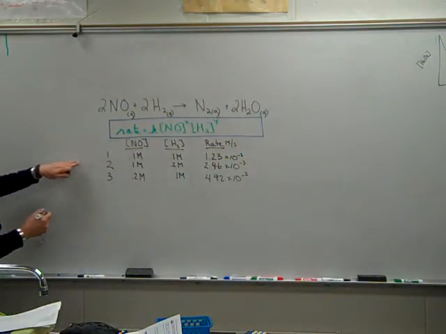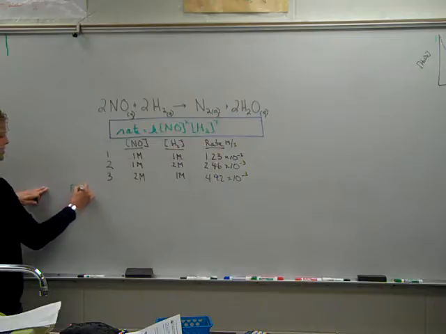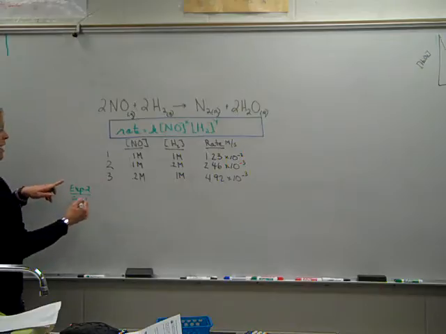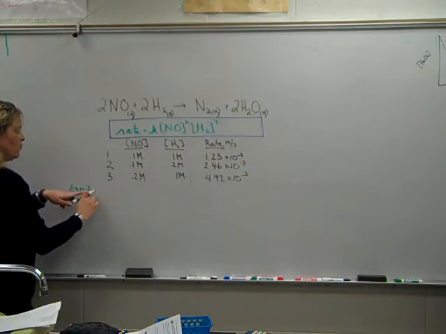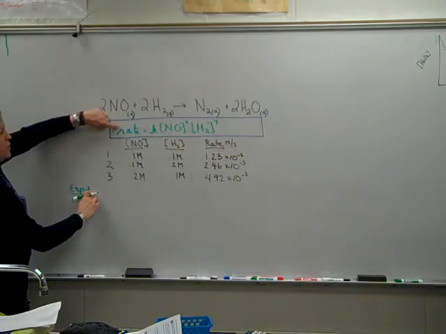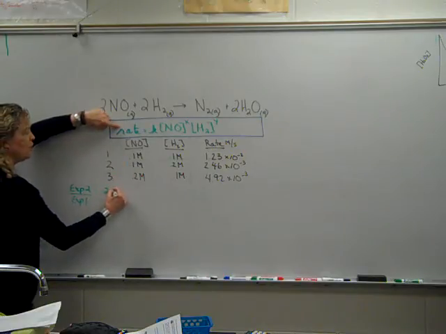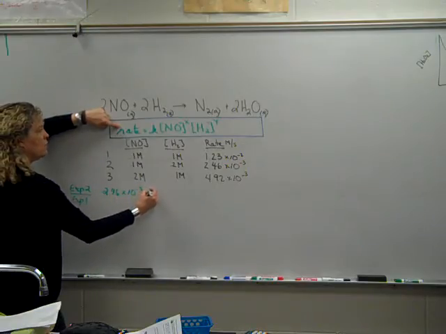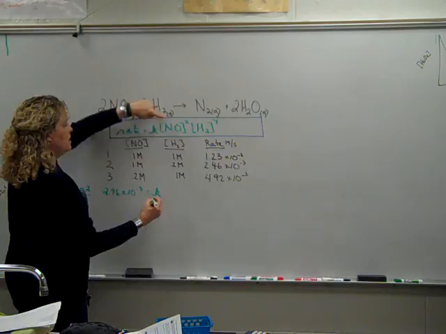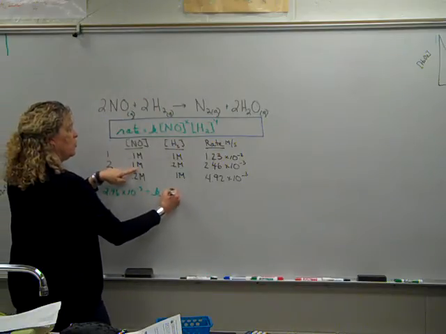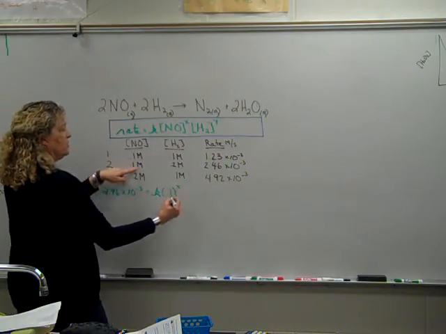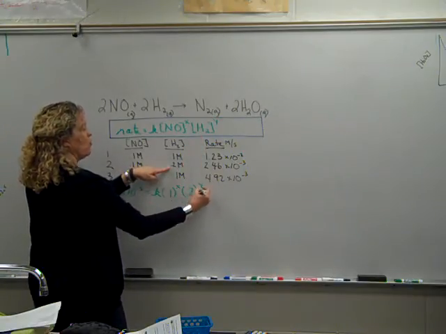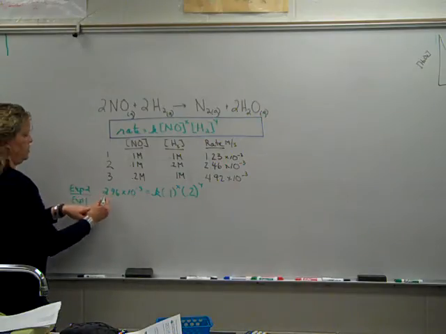I'm going to compare experiment 2 to experiment 1. So I'm going to write a rate law. The rate for experiment 2 is 2.46 times 10 to the negative 3, equals k times NO, 0.1, raised to the X, 0.2 for the hydrogen, raised to the Y. That is experiment 2.